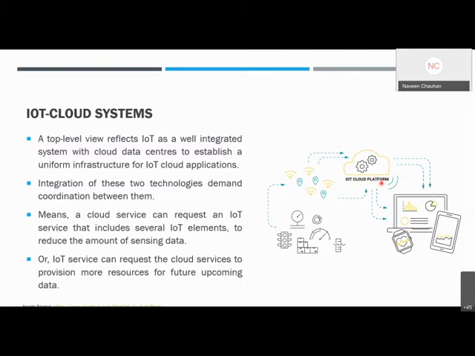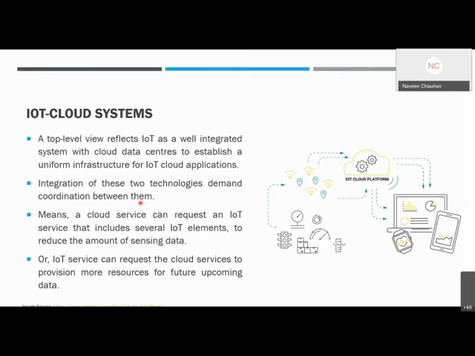And ultimately, on the right hand side, we have different devices which are capturing the analyzed data from the IoT cloud. So integration of these technologies demands coordination between them. Obviously, when we have to integrate both these technologies, cloud computing and Internet of Things, definitely we have to talk about the integration of both the technologies.